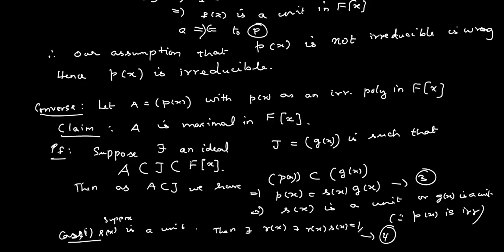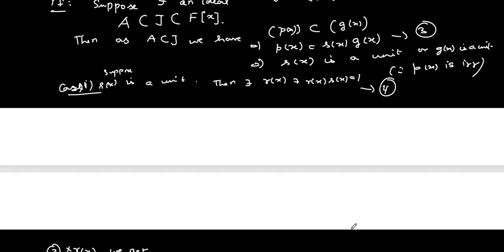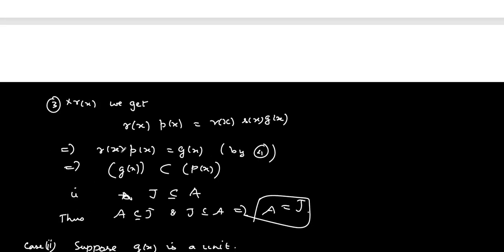But R of x into S of x is 1. So this is what you get using first multiply 3 by R of x and then make use of 4. So you have the ideal generated by G of x to be contained in this.